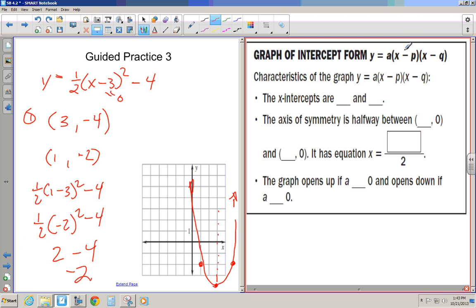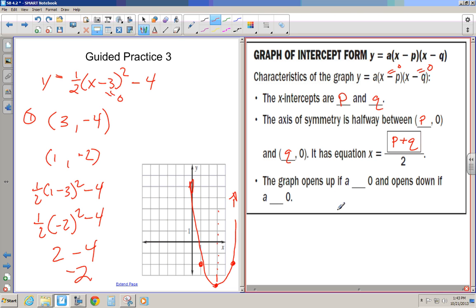Intercept form, you're dealing with the fact that now the x-intercepts are p and q. What makes that equal to 0? What makes that equal to 0? The axis of symmetry is halfway between (p, 0) and (q, 0). So what you do is you add p and q together, and you divide by 2.